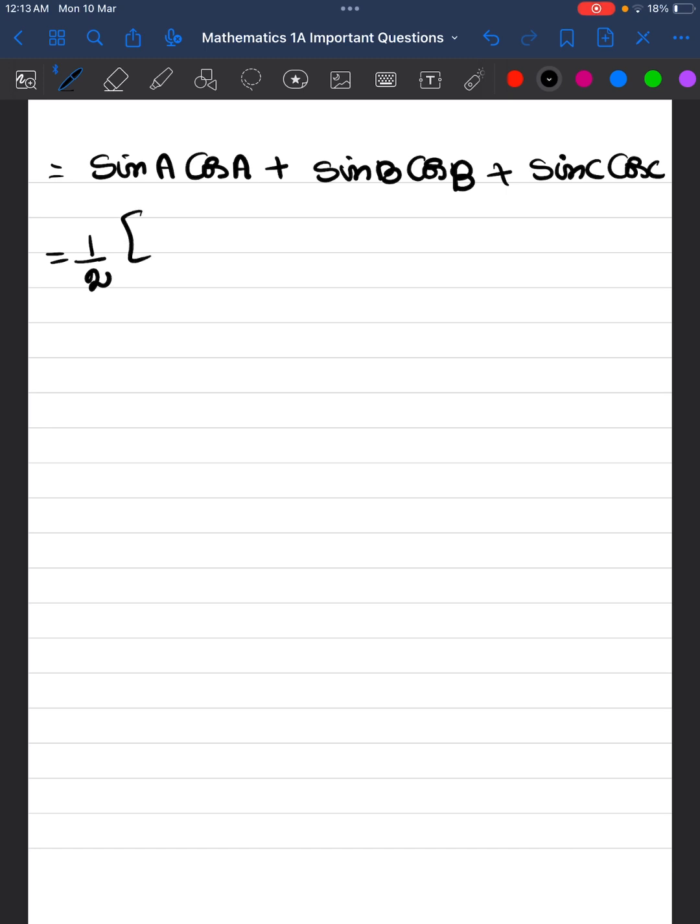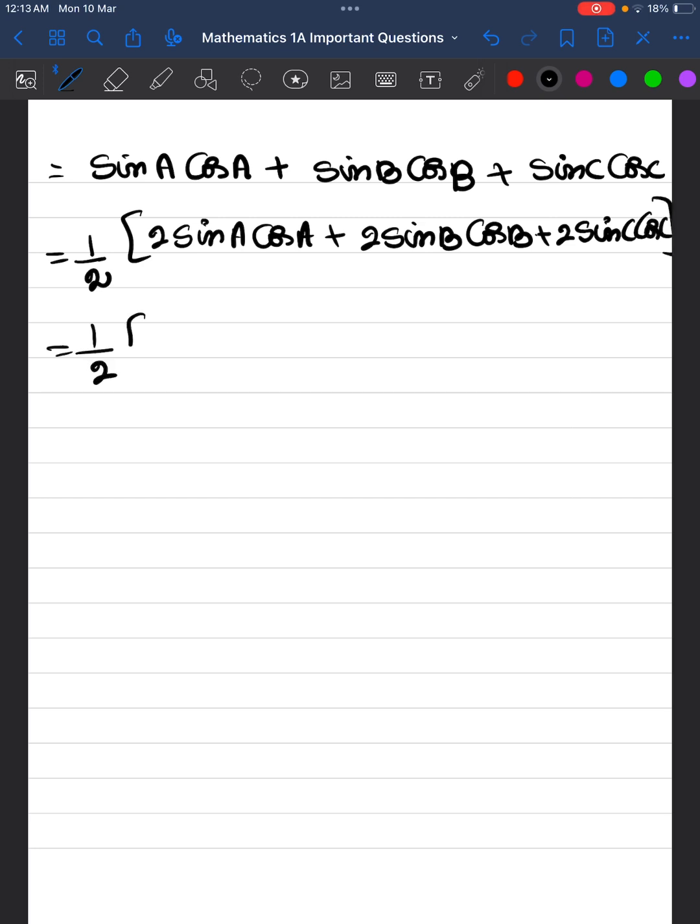If I multiply and divide by 1 by 2, it will become 2 sin A cos A. Okay, I multiplied and divided with 2: 2 sin A cos A, 2 sin B cos B plus 2 sin C cos C. So 1 by 2 into sin 2A plus sin 2B plus sin 2C. Here we have to apply transformations.